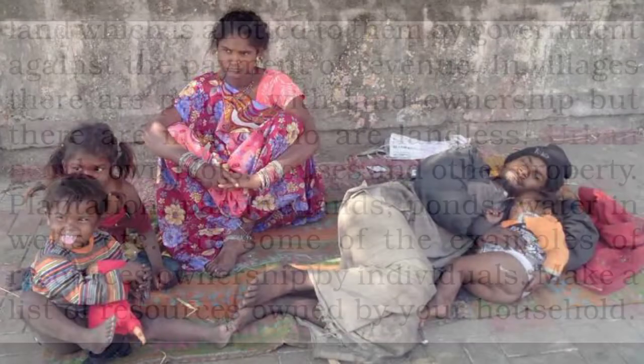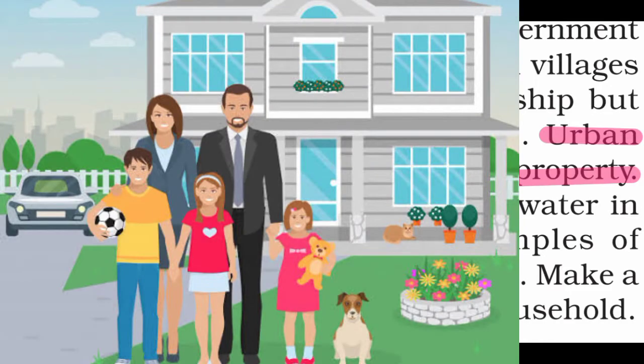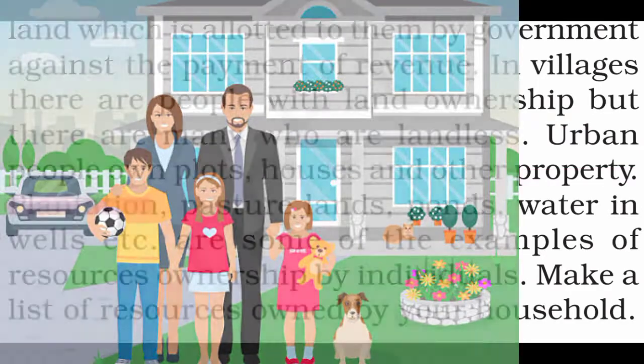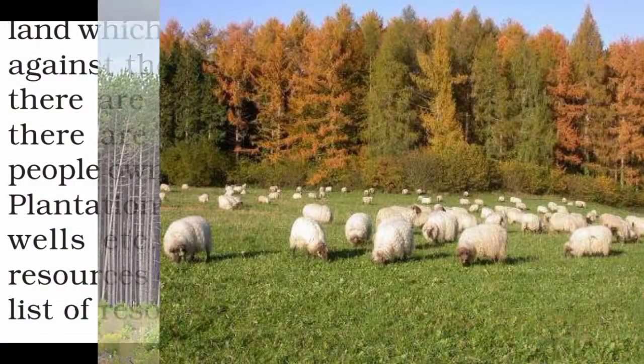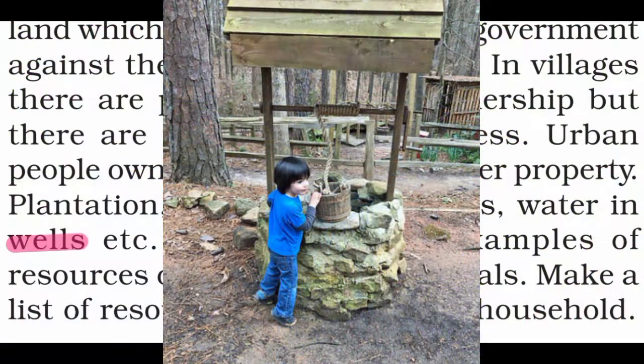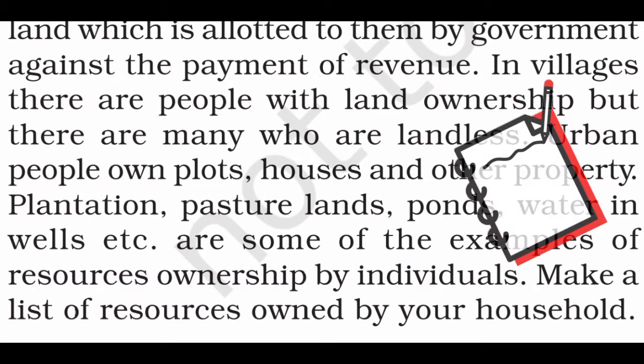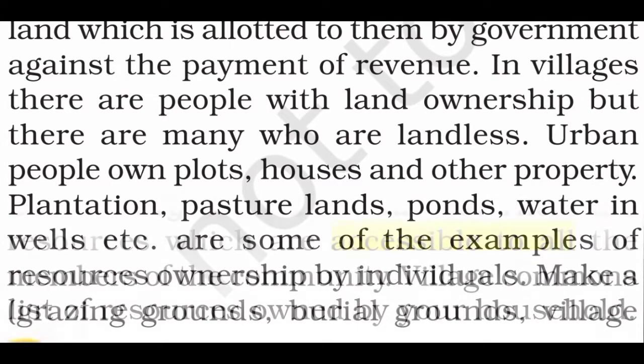Urban people own plots, houses, and other property. Plantation, pasture lands, ponds, water in wells, etc. are some of the examples of resources ownership by individuals. Make a list of resources owned by your household.